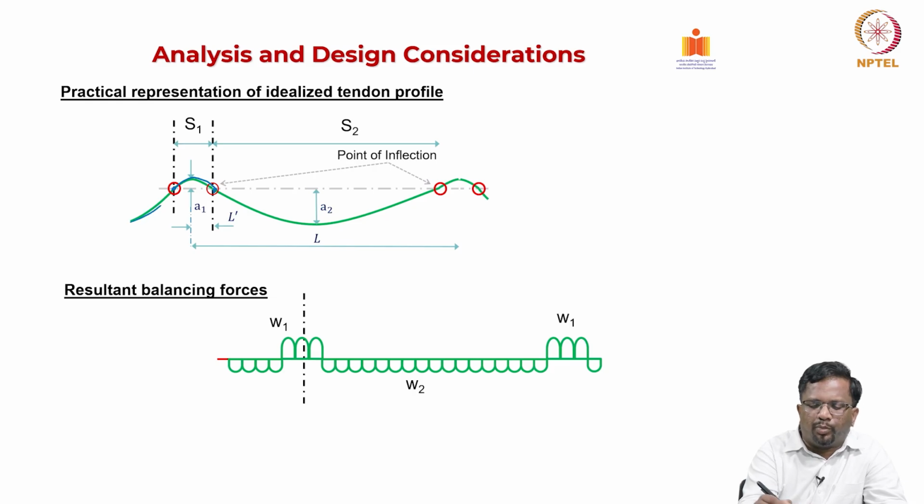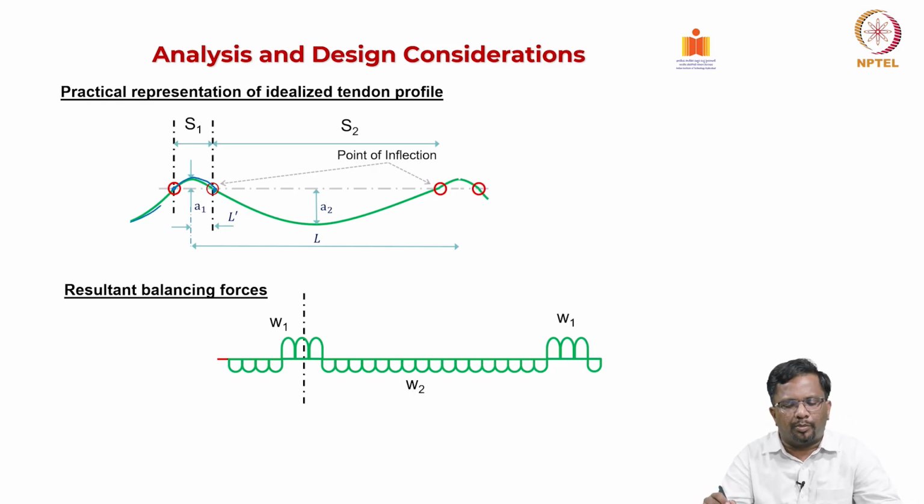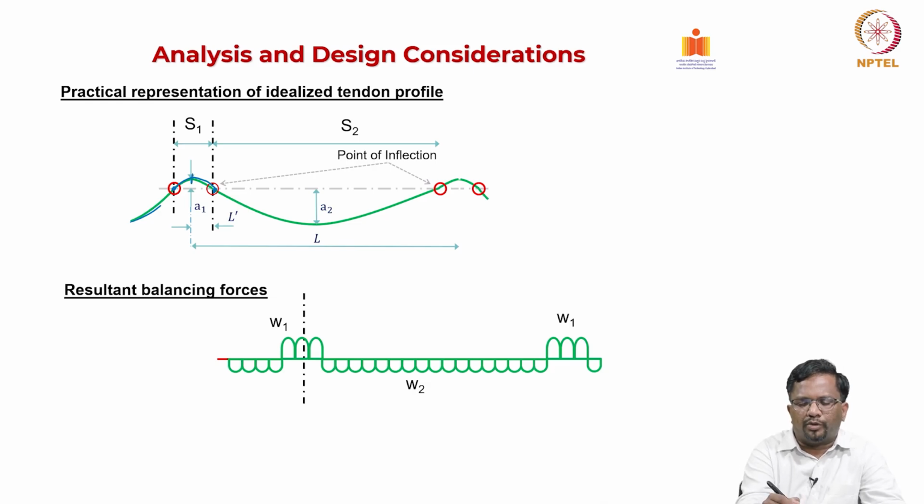So, there is going to be a point of inflection close to the support region, right. The code typically gives you dimensions where the length of the parabola from the maximum point to this, we typically take as 5% of your length on either side. So, this is 0.05 L and this is also 0.05 L.